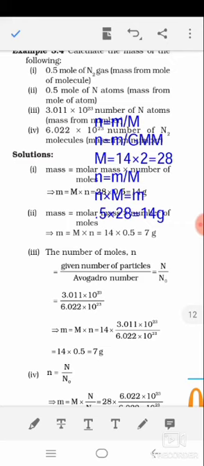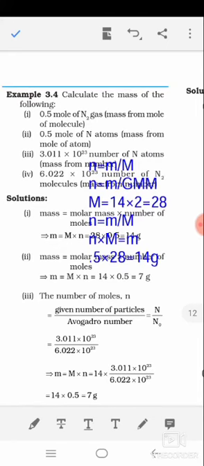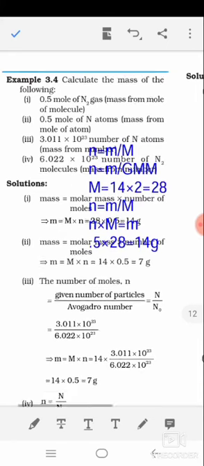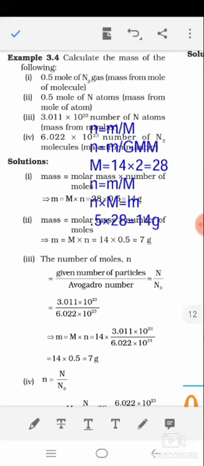Then you need to apply the number of moles in the equation of mass, because your question is to calculate the mass.